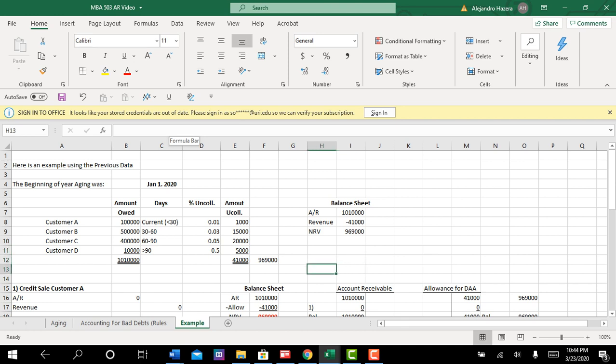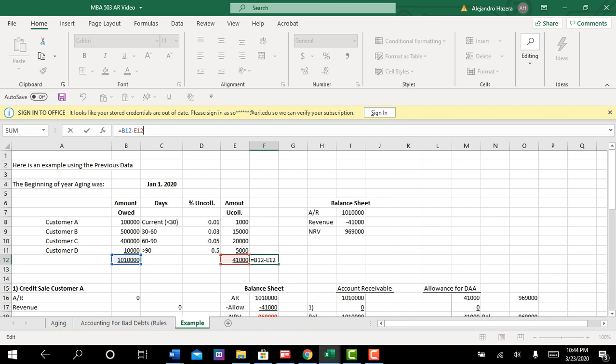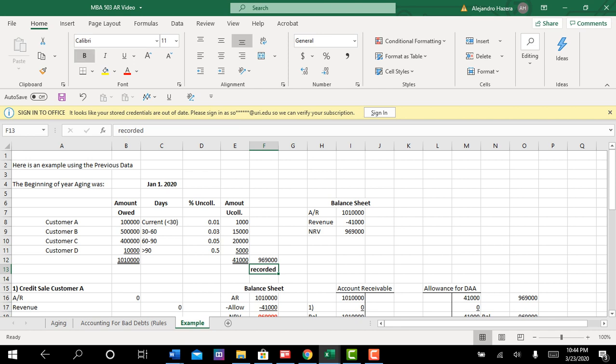And if you go to this equation here, this is just a check number. This equation is accounts owed, that's your accounts receivable balance, less your amount uncollectible, and that gives you 969. This is the way it's recorded in your records.